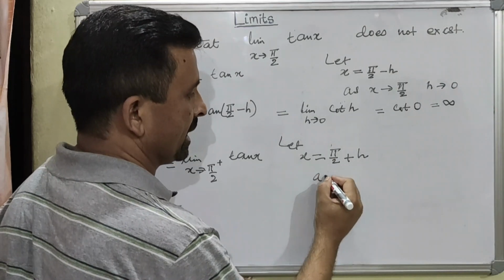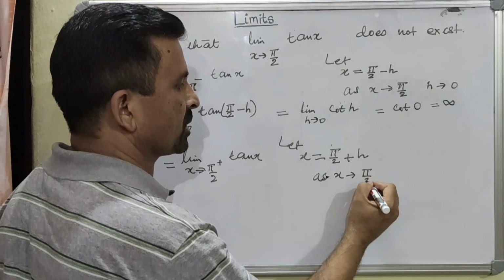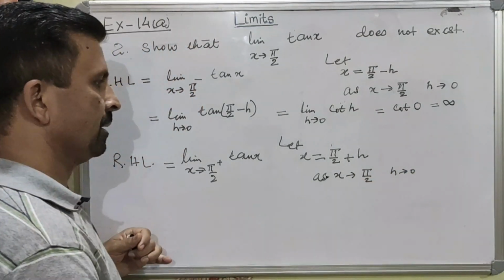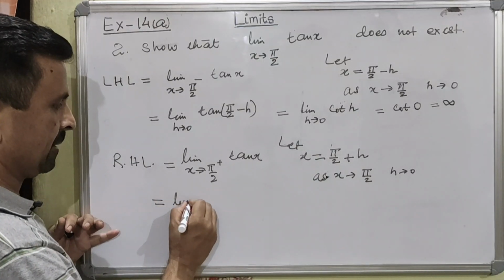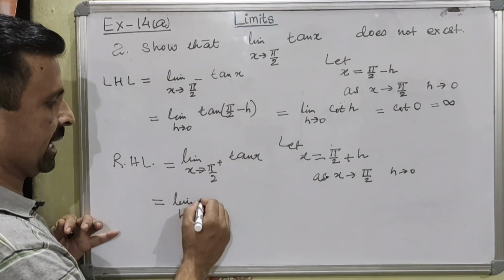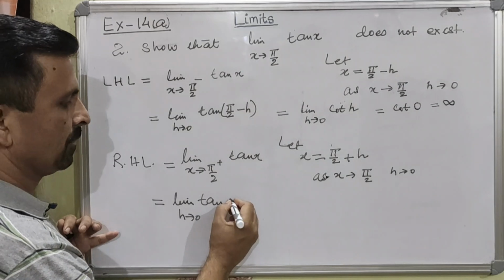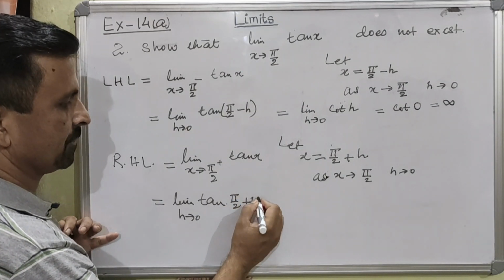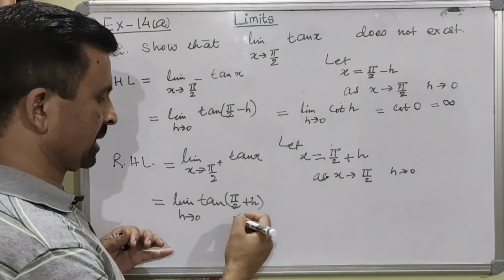And then as x approaches pi over 2, h is approaching 0. Now let us change the limit. Is equal to limit h tending to 0, tan, and here x will be replaced by the assumed value pi over 2 plus h. Is it okay?